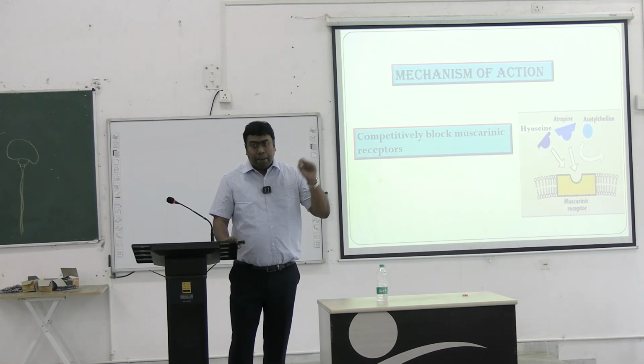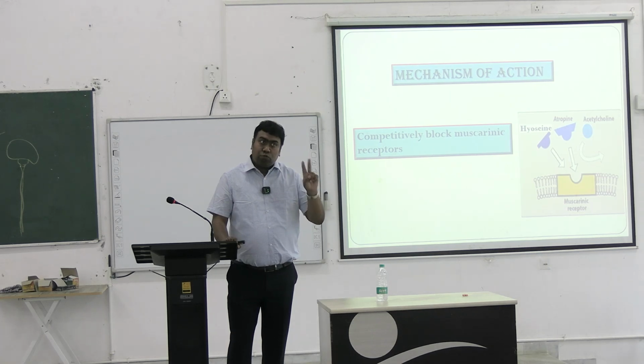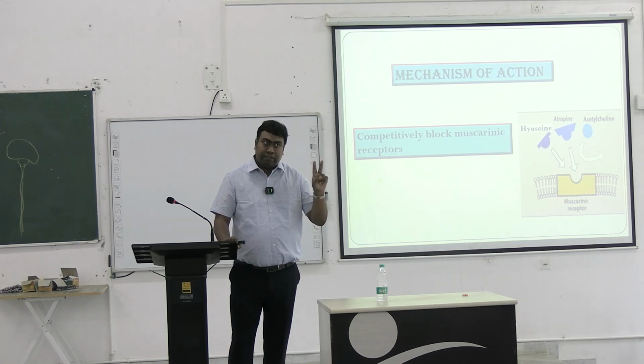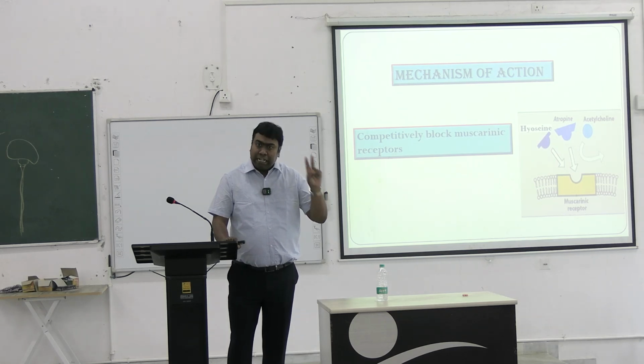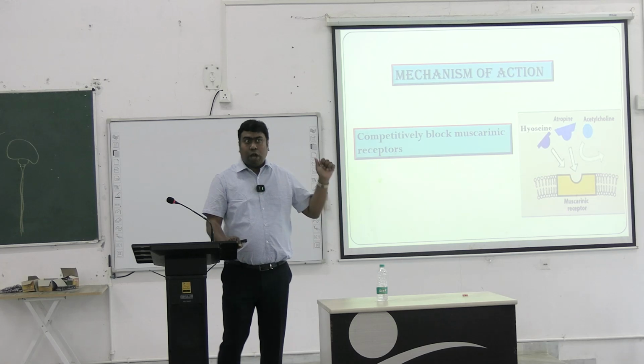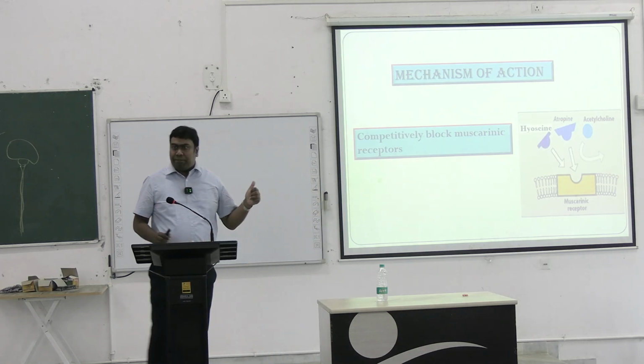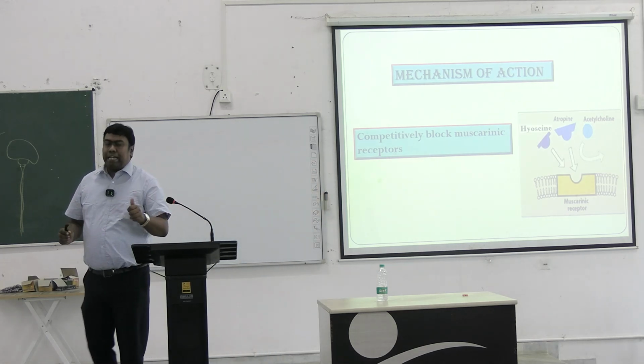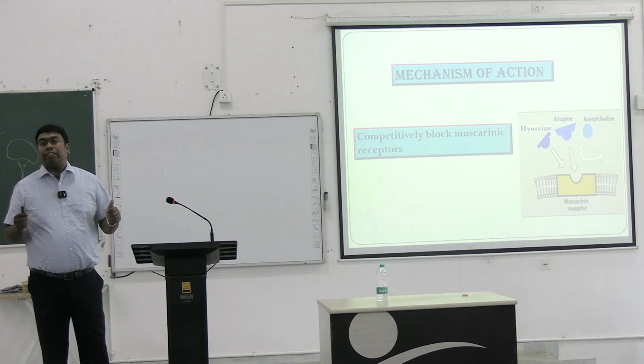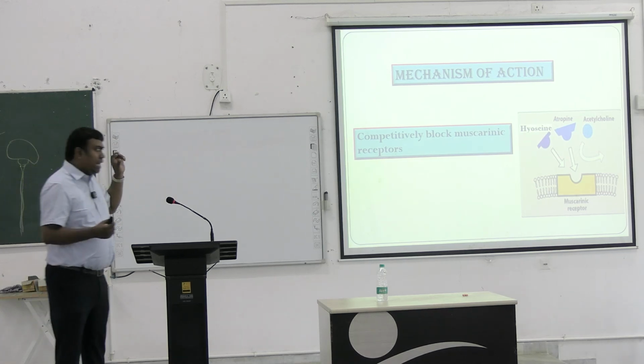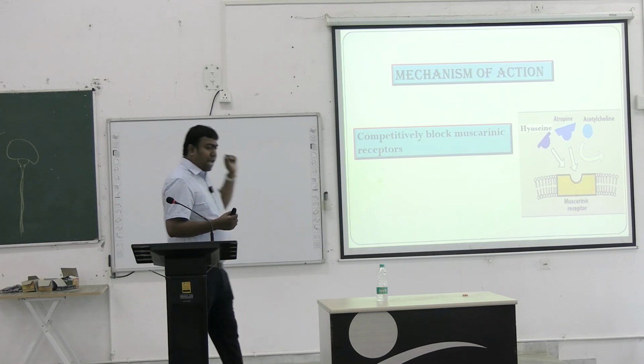Clear? For competitive, same receptor same site, so there are two portions, one receptor and one site. For non-competitive, same receptor different site. Clear? So atropine is a competitive blocker, so it is structurally similar to the agonist, here acetylcholine.